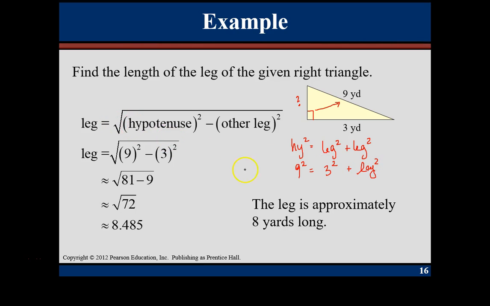So I can either solve this expression or use the rewrite that we have here. Here's my hypotenuse, and here's one of the legs. 9 squared is 81, and 3 squared is 9. Now subtract, and 81 minus 9 is 72. Use your calculator, hit 72, and then the square root symbol, and you'll see that that leg is about 8.5 yards long.